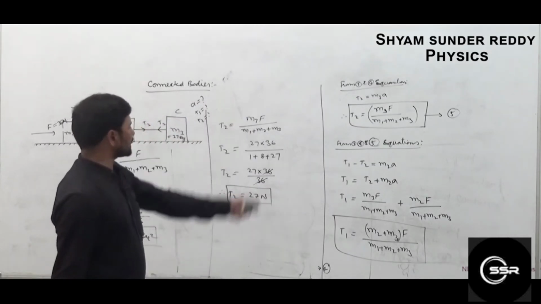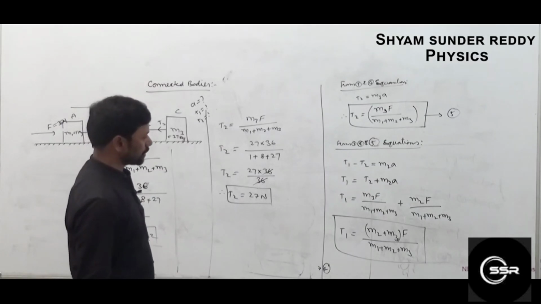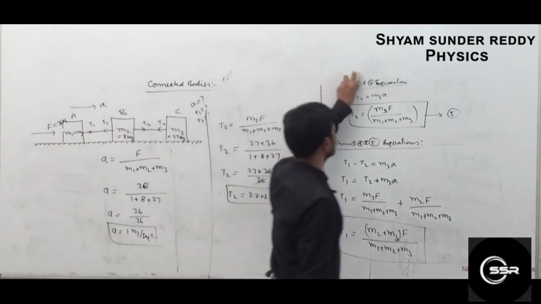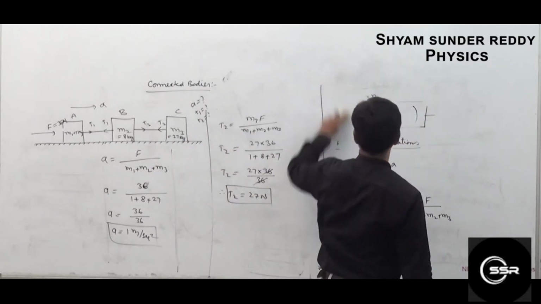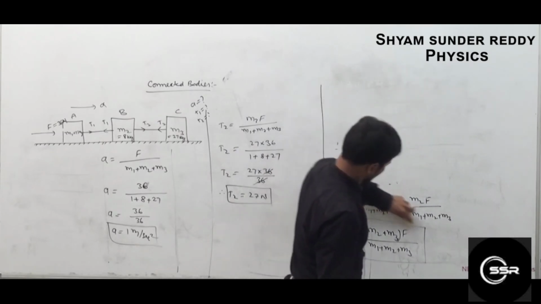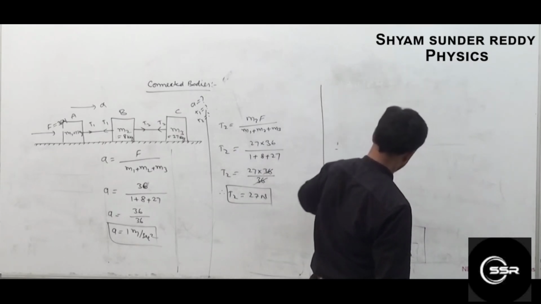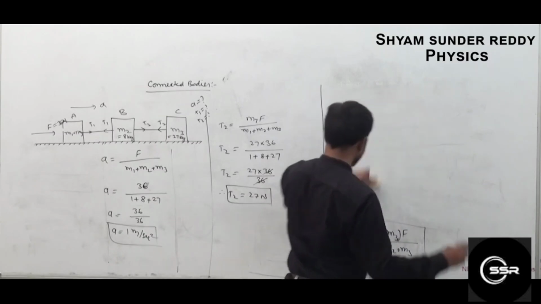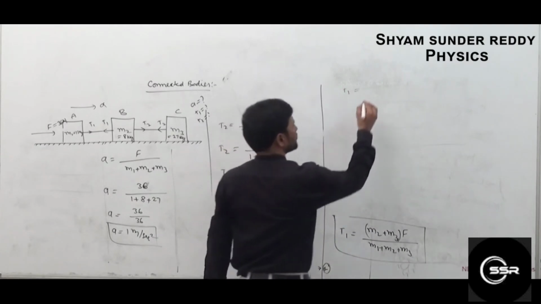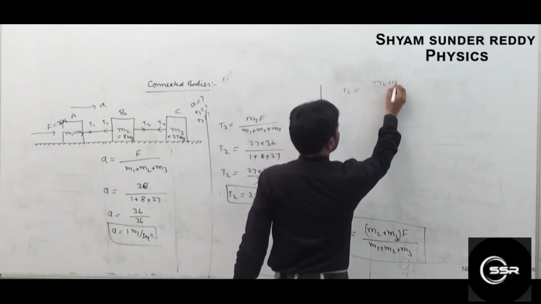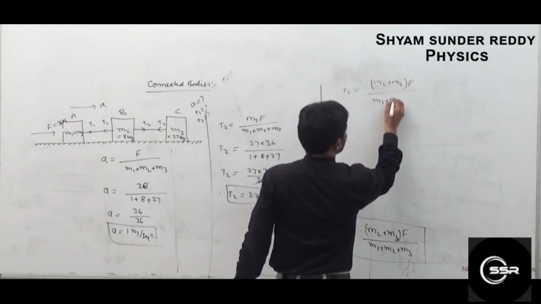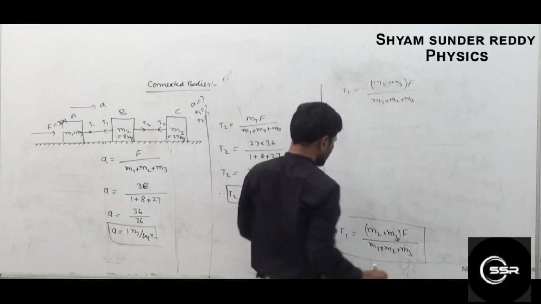Similarly, we want the T1. T1 is equal to M2 plus M3 F by M1 plus M2 plus M3. First write the equation. T1 is equal to M2 plus M3 into F by M1 plus M2 plus M3. Right?